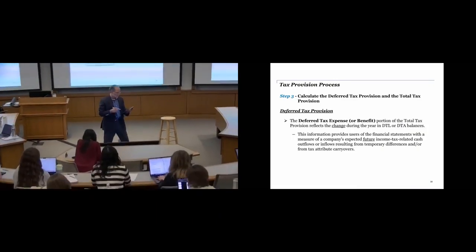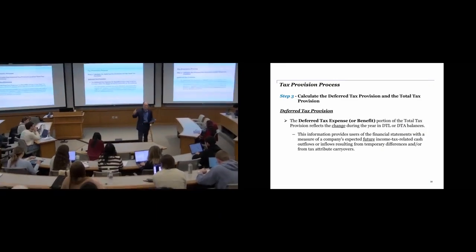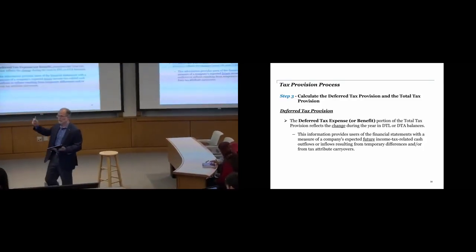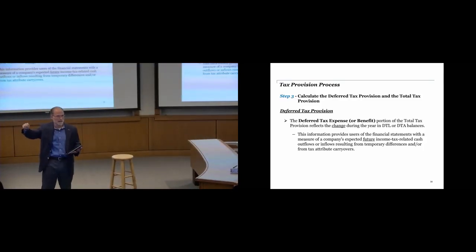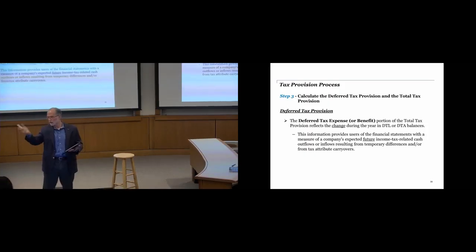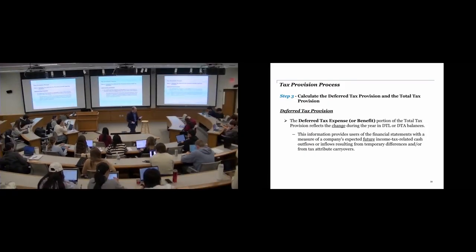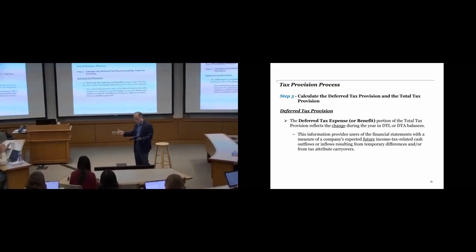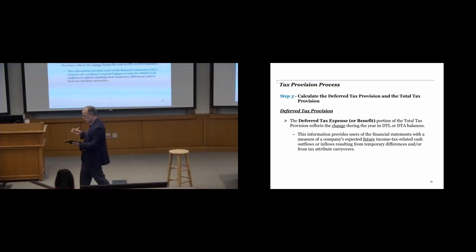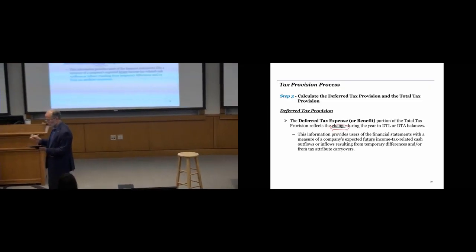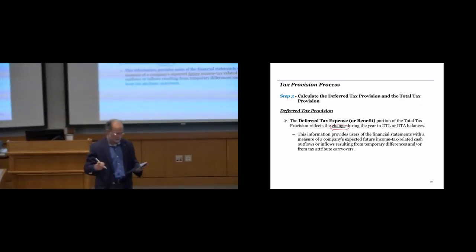Okay, my deferred tax expense or benefit, right? Because I'm making entries to my deferred tax expense. I'm doing debits and credits, depending on what has changed in my deferred tax assets and deferred tax liabilities. So I could have a benefit. This portion of my total tax provision reflects the change during the year in DTL and DTA balances.